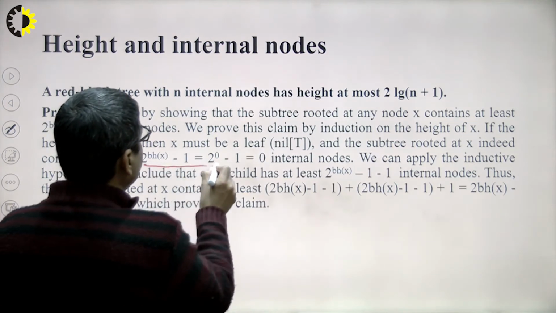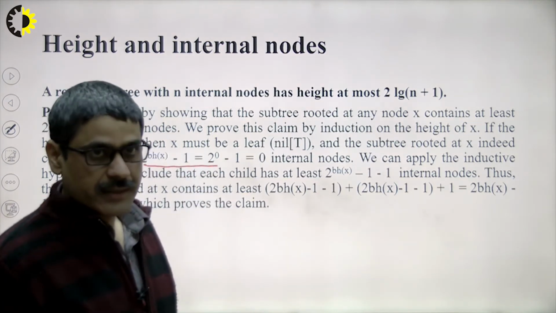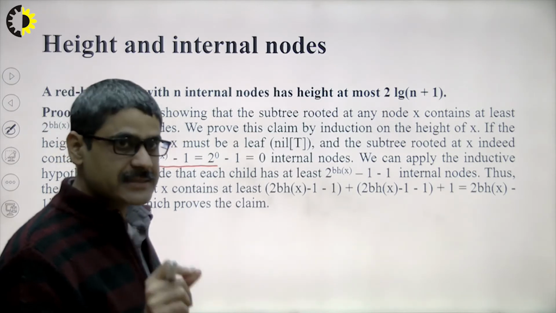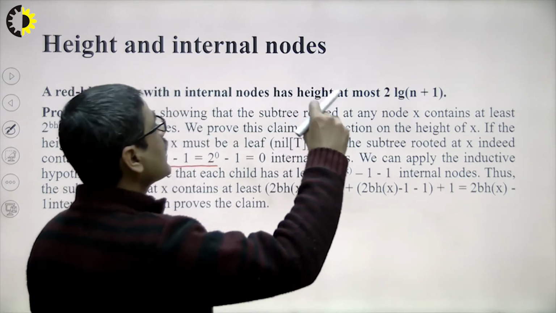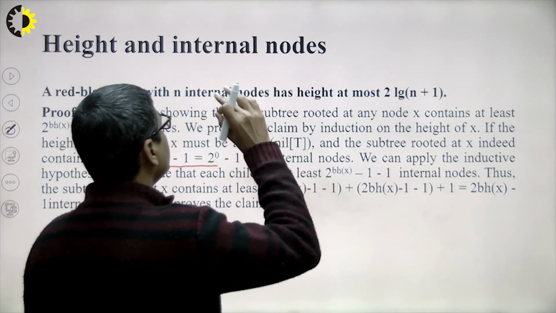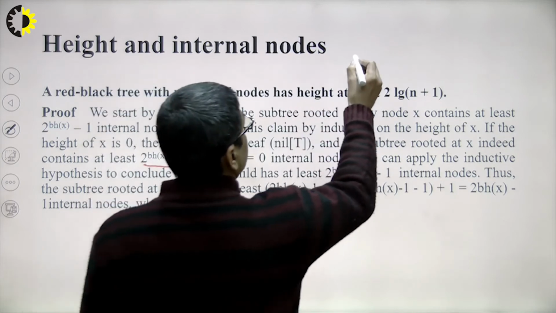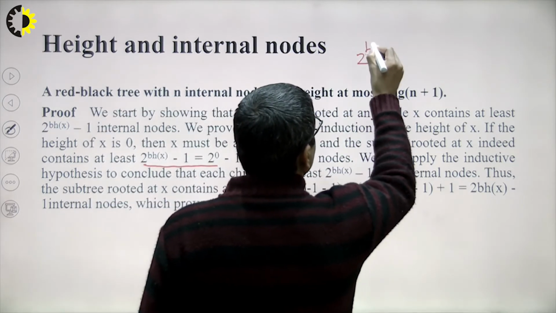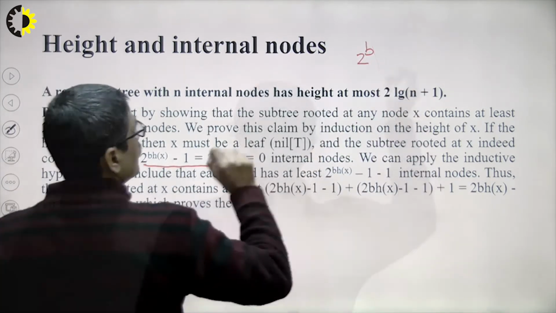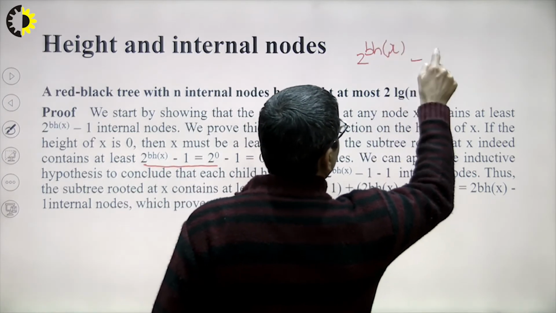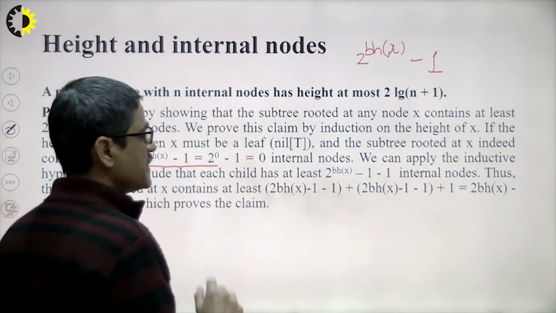In a given tree, if the black height of a node x is given, then the number of internal nodes for that particular node would be at least 2 to the power bh(x) minus 1. That is the basic thing.